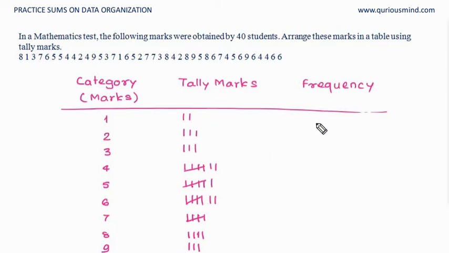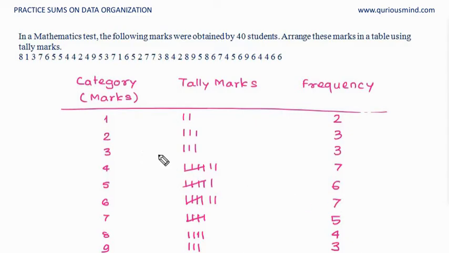Let's write the frequency. If you add them, let's see, 2 plus 3, 5, 5 and 10, 15, 15 and 5, 20, 10, 30, 7 and 3, 10, 40. So we have included all the numbers and that's our frequency.